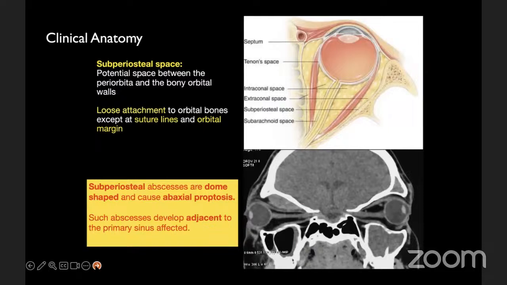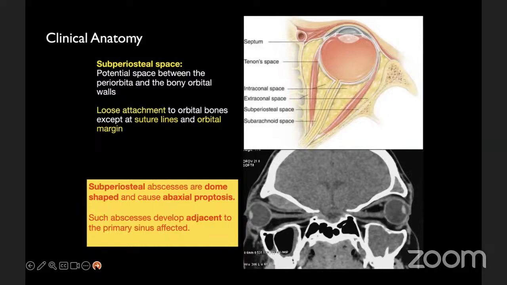The next space that would be of concern is the subperiosteal space. That is the potential space that exists between the periorbita and the bony orbital wall. In this space especially, there is loose attachment to the orbital bones except at the margins and at the suture lines.